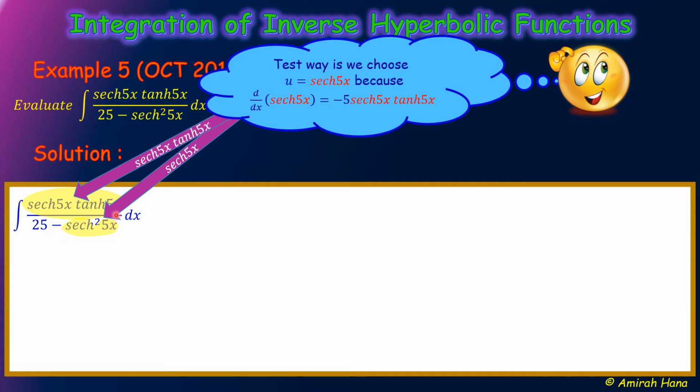So we can choose u equals sec 5x, because when we differentiate sec 5x, it becomes negative 5 sec 5x tan 5x. That is the function in the numerator, which means we can simplify it.